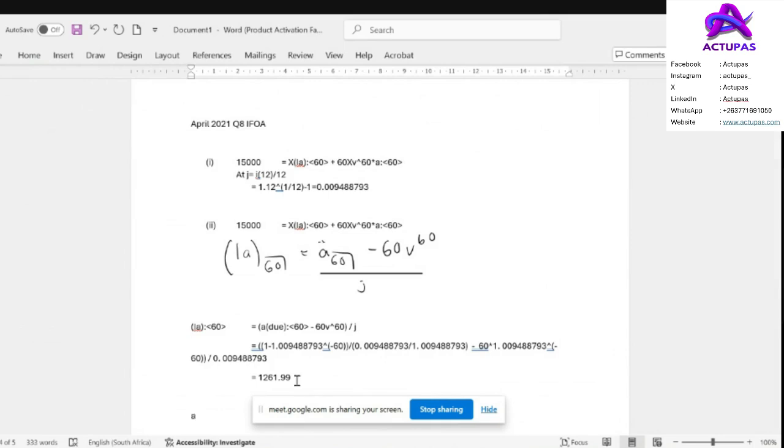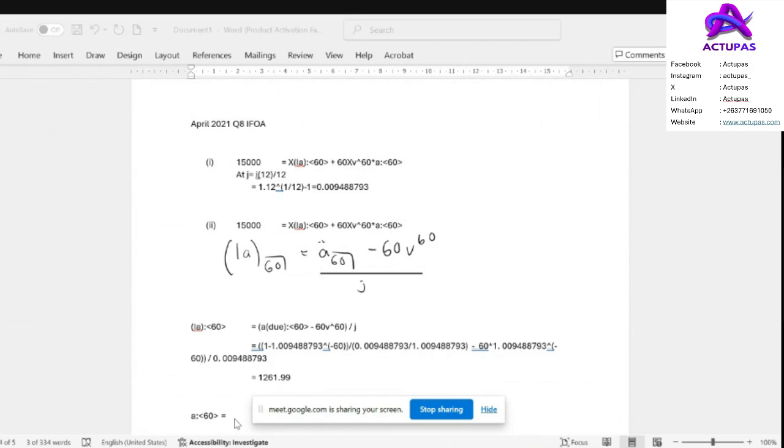This is small a60. a60 and ä60, the difference is the denominator.